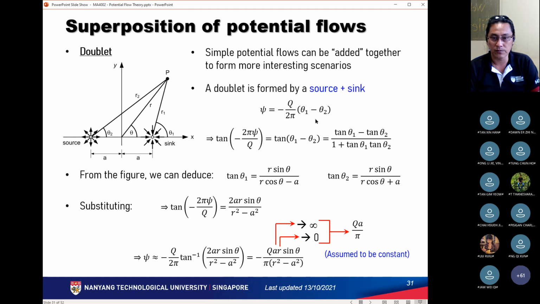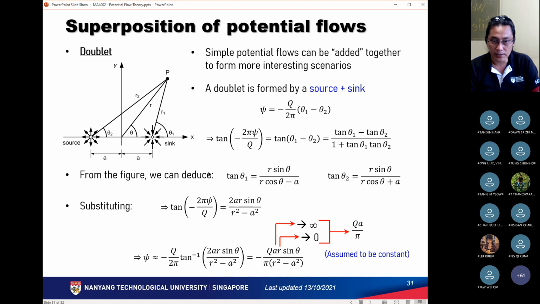I'm quite sure you have seen this before; I believe this is something A-level taught us. Expand this out: we have tangent theta 1 minus tangent theta 2 divided by 1 plus tangent theta 1 tangent theta 2. So now, how can we make use of this expression to convert our theta 1, theta 2, R1, R2 into R and theta only?